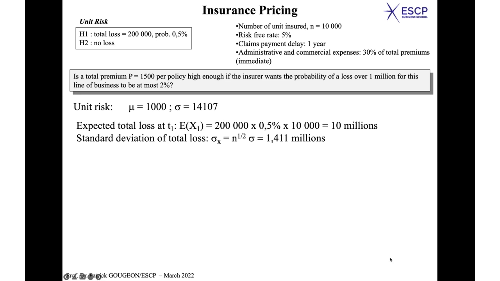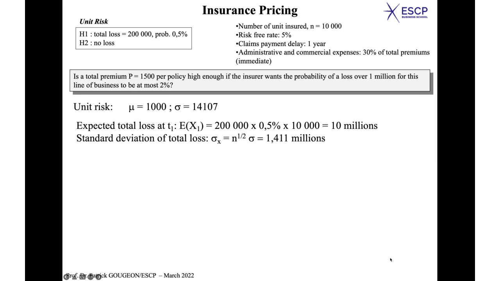So what is the expected loss at T1? That is the expected amount to be paid in 1 year from now.